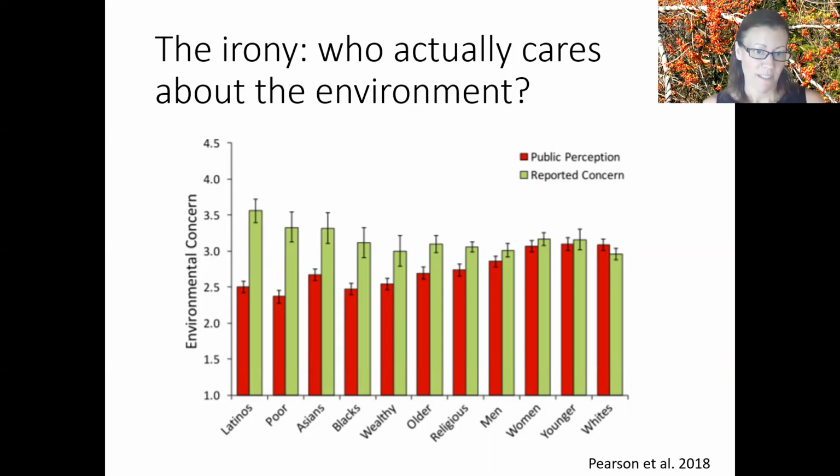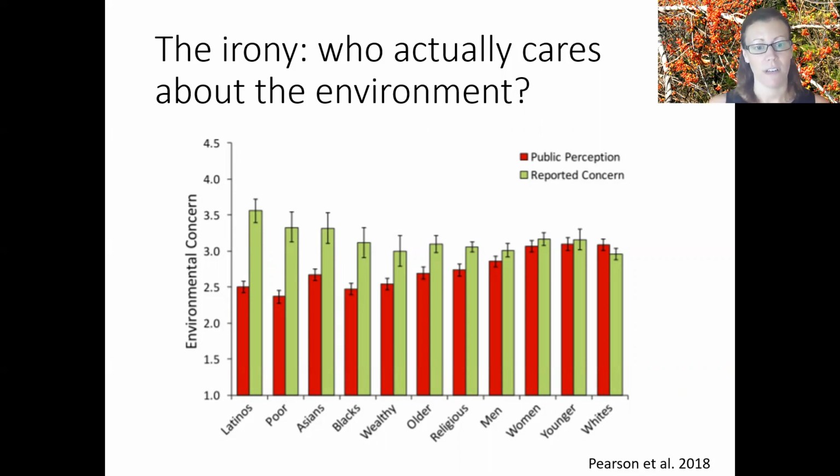And then the red bars on here are how much all of the rest of the groups perceived that group as caring about the environment. And these are ordered in terms of gap between reported concern and perceived concern. So you can notice that people of color tend to fall in that gap side on the left.